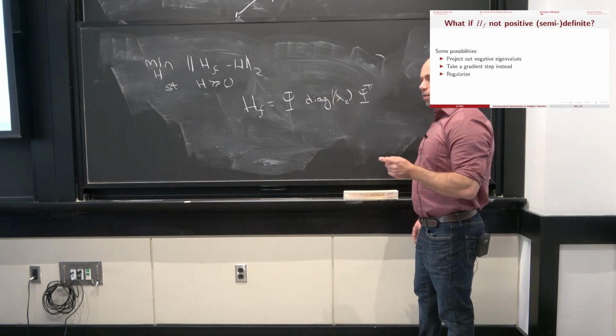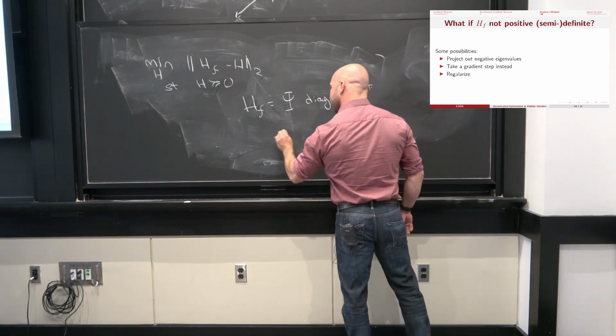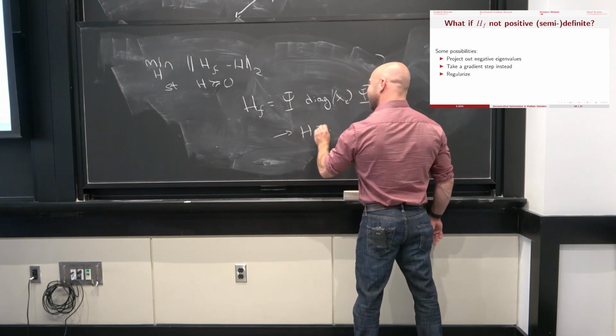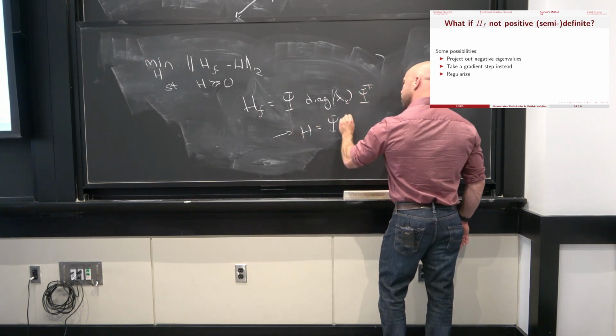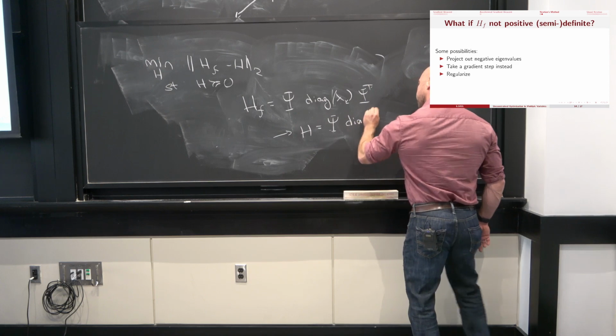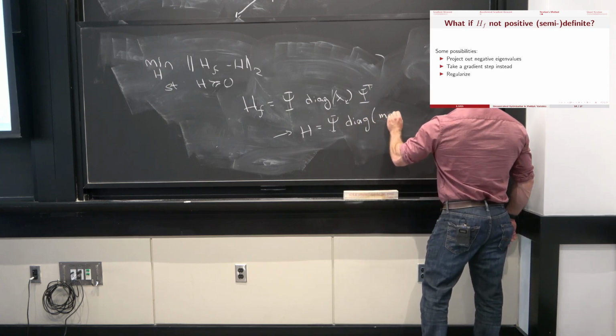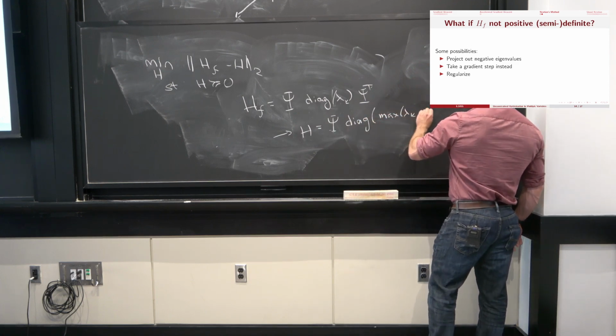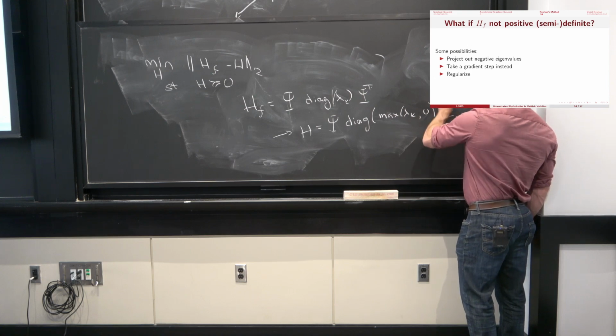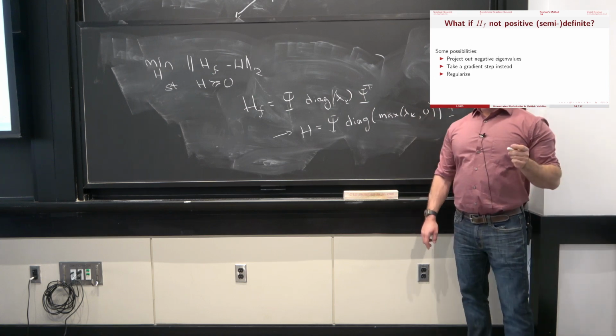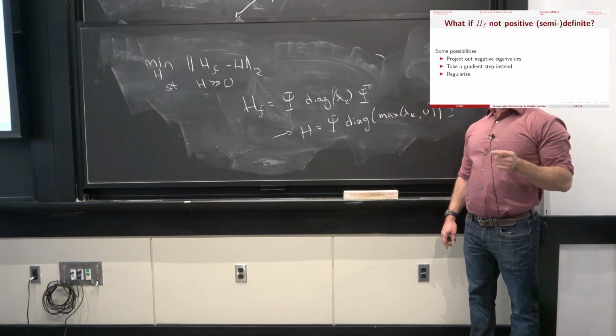So it turns out all you have to do to take that projection is the following: diag of max of lambda_k and 0. This is a good homework problem for you guys to verify that this is the case.